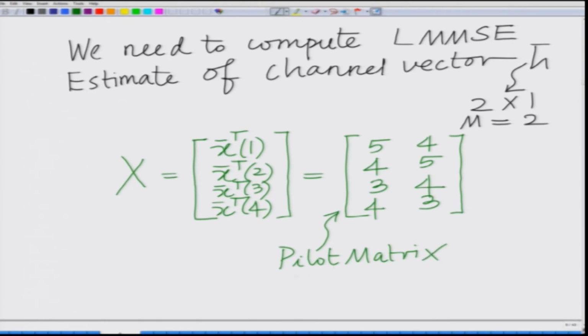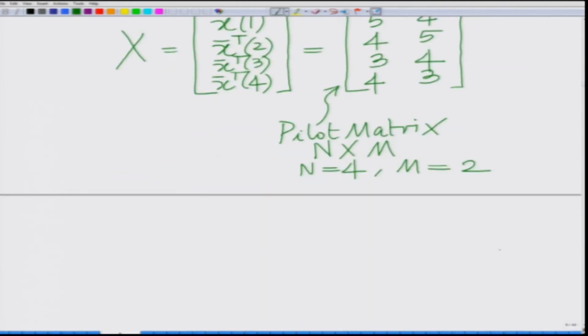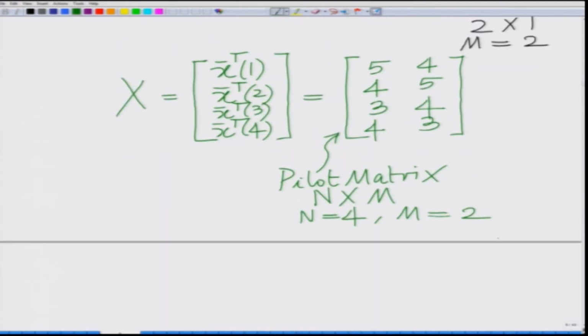Remember, this is n cross m, that is n is equal to 4 and m is equal to 2. This is an n cross m pilot matrix. Okay. So, now we have the pilot matrix. Remember, this is your X, which is the pilot matrix.